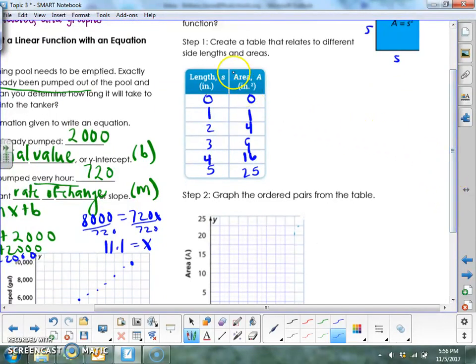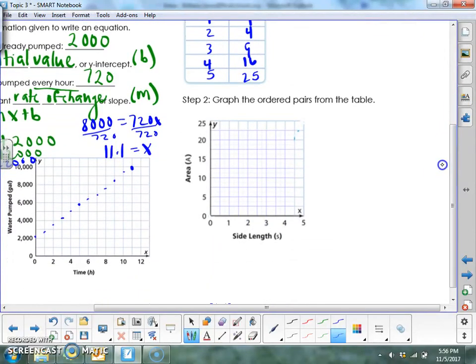Okay? Once you have all of your data points, you can go ahead and plot them on a point to see if they create a function and see what that looks like. So for this, 0, 0 was my first one. Then I had 1, 1, 2, 4, 3, 9, 4, 16, and 5 and 25.